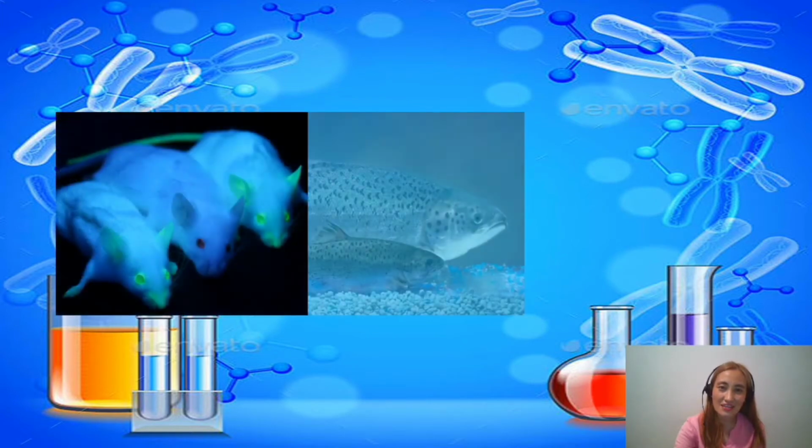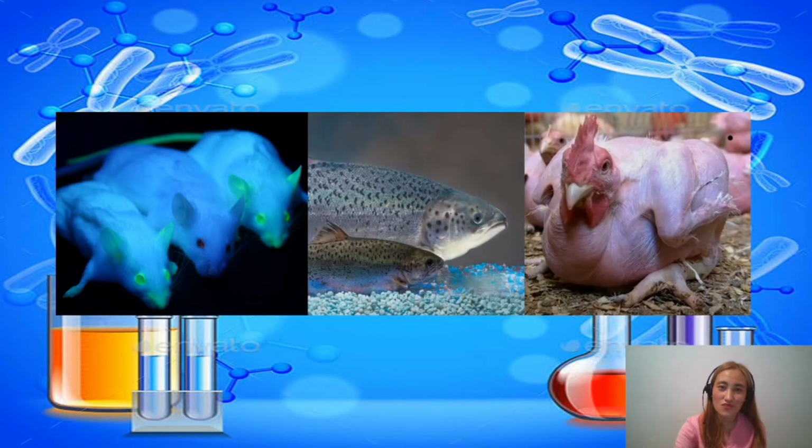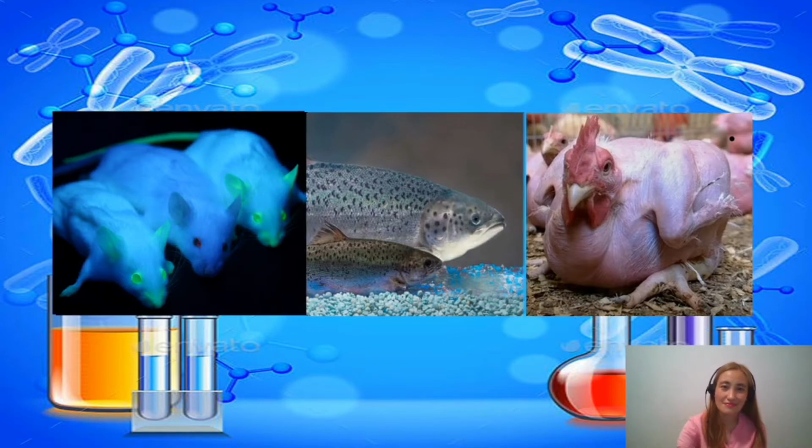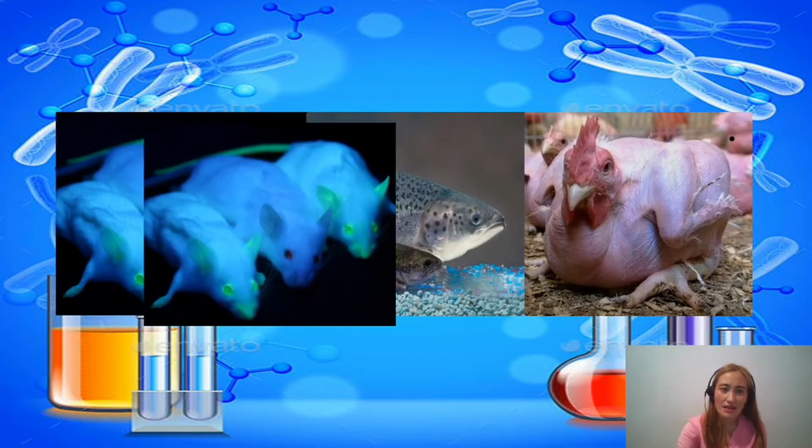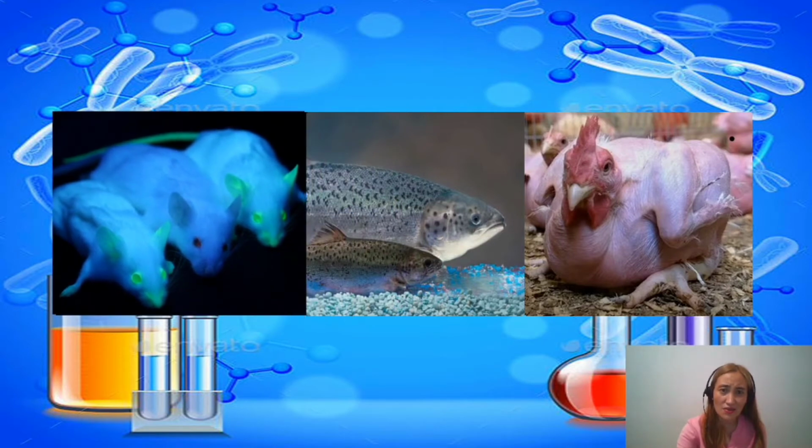Now let's take a look again at the pictures I've shown you. What do you think these things have in common? Yes, the items in the pictures are not in their usual characteristic. A mice doesn't glow in the dark.